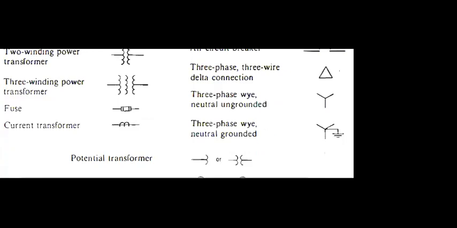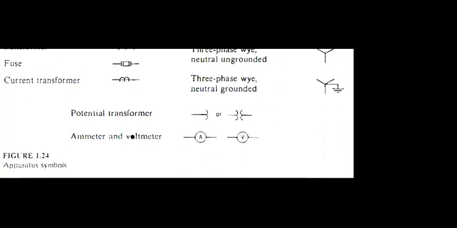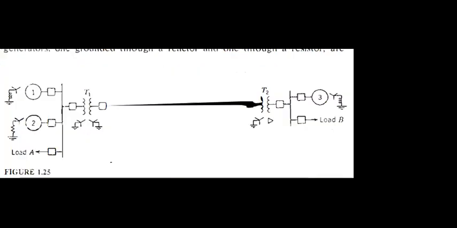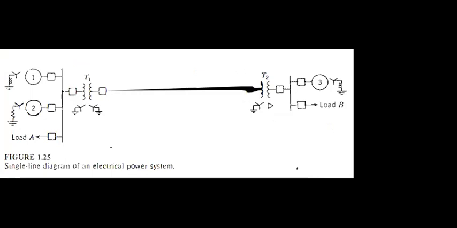Potential transformer, okay, fine. Ammeter, voltmeter, these are the meter part. So if we have some diagram, something like this, can you configure that diagram to its equivalent? This is actually the single line diagram, or one line diagram.